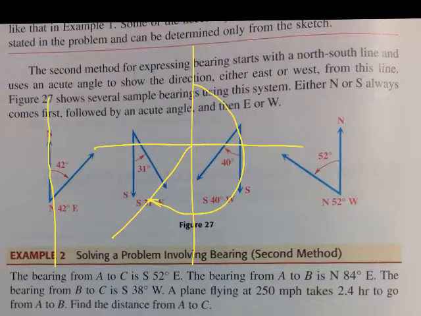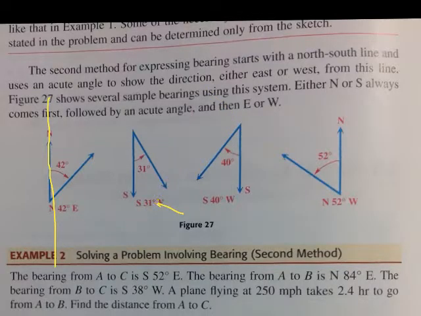In this new way of doing it, or the second way of doing bearing, our angle will always be an angle less than 90 degrees, because what we do is we just name the angle differently. So if I were to name this angle right here, this 42 degree angle, looking at this picture, we're always starting right here.